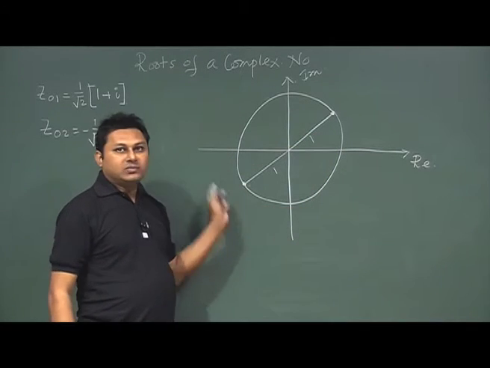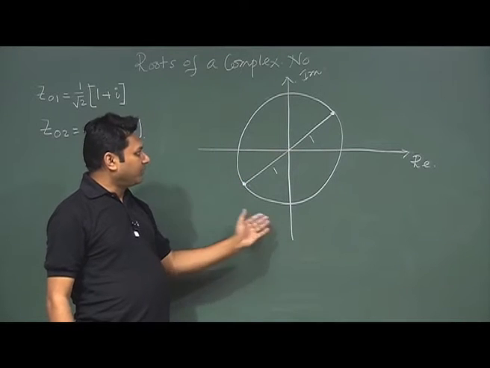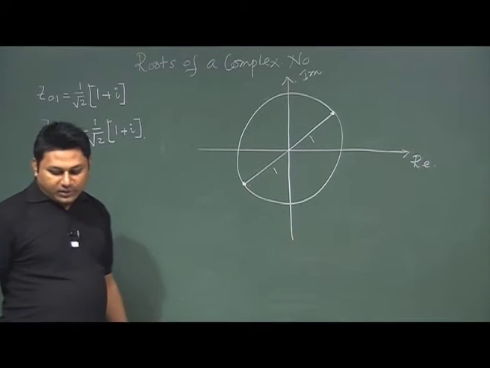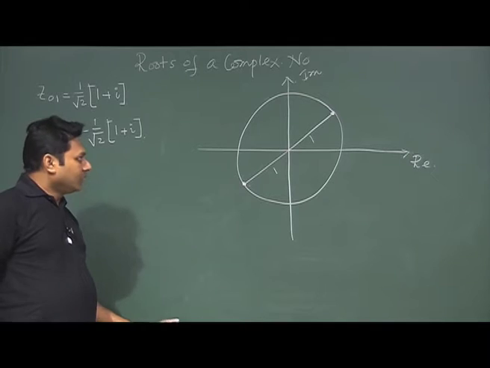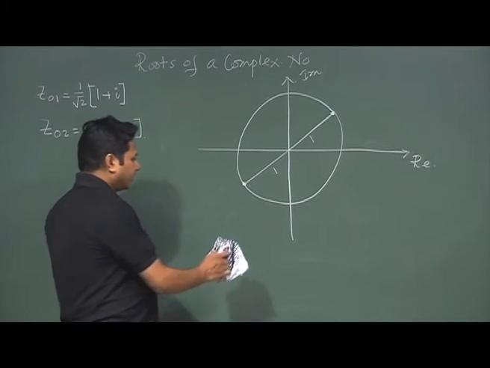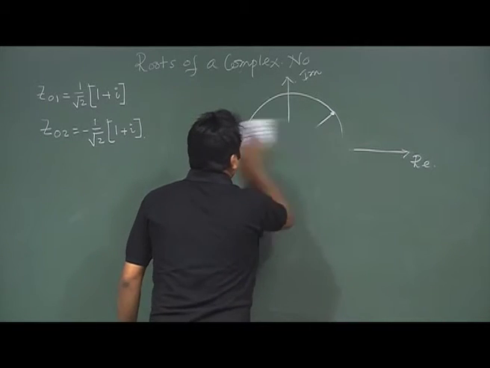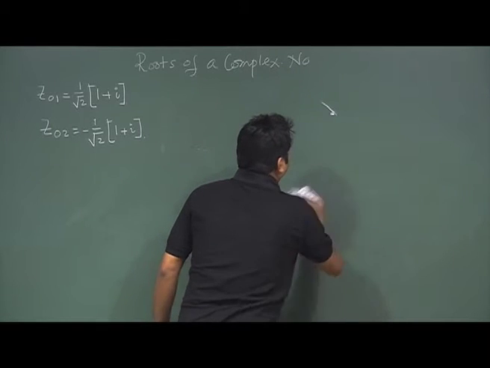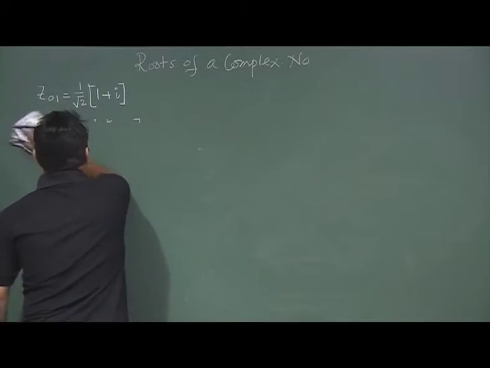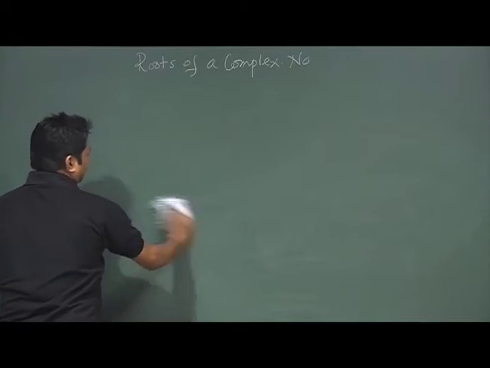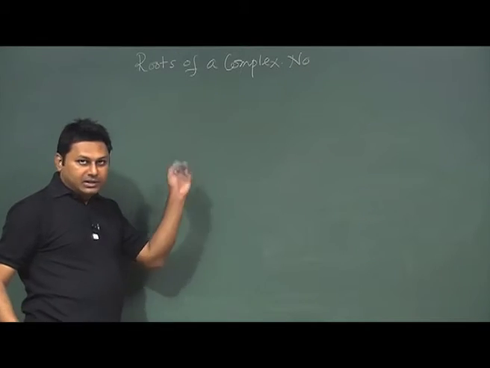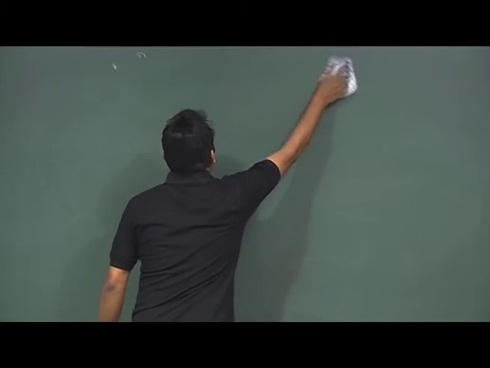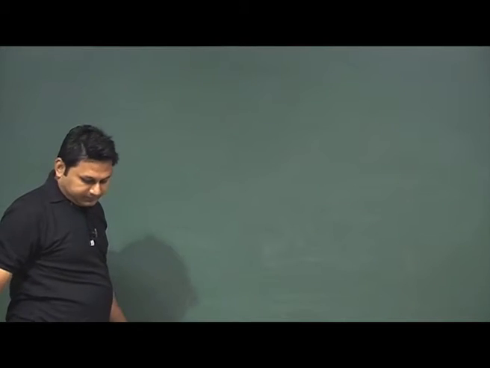Over the circle of radius 1, these roots are placed. Now if I do the same thing for some other values, let me find the roots and look at how they are placed in the complex plane. That is interesting. So let us take another example.